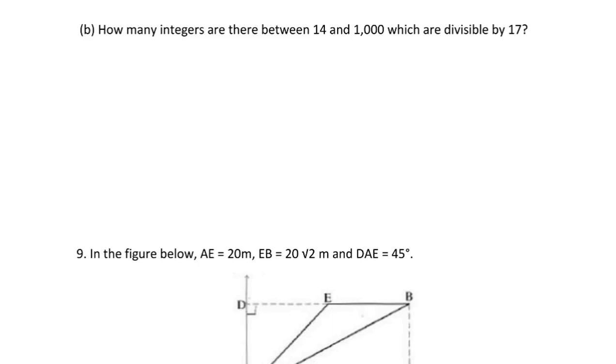This implies that our first term, A1, is 17, and the common difference, D, is 17. Therefore, our integers will be 17, 34, 51, and so on up to 986. By making analysis on the trend, the number of terms n equals 58.